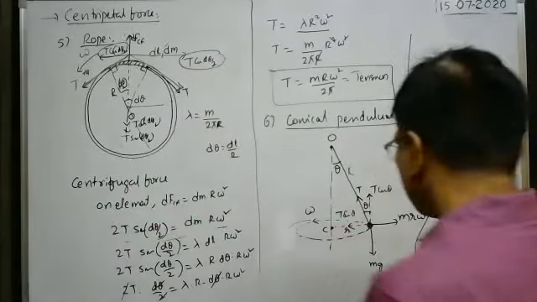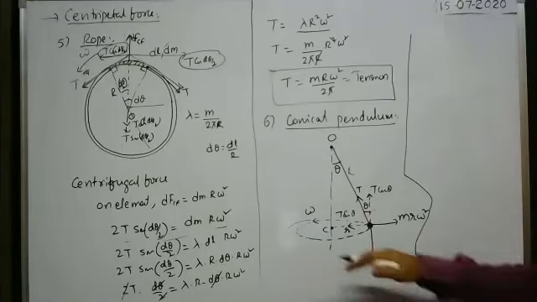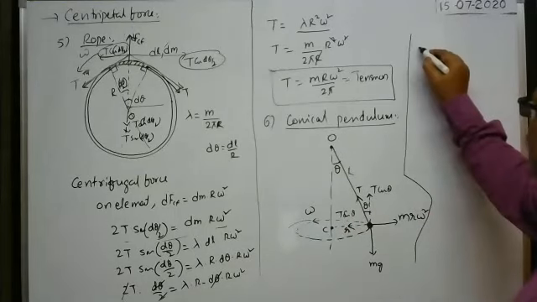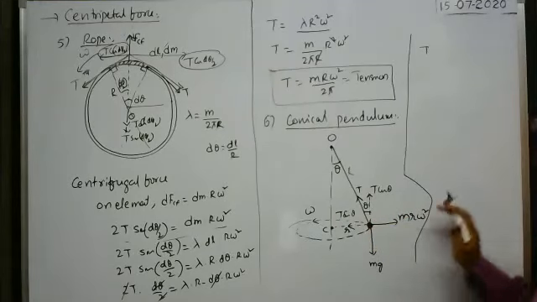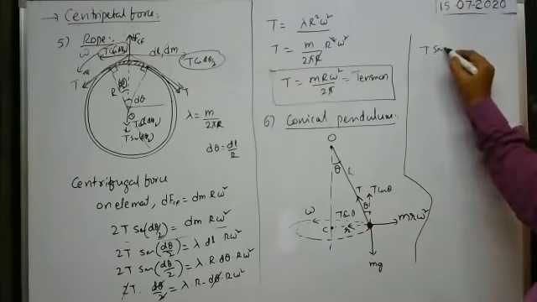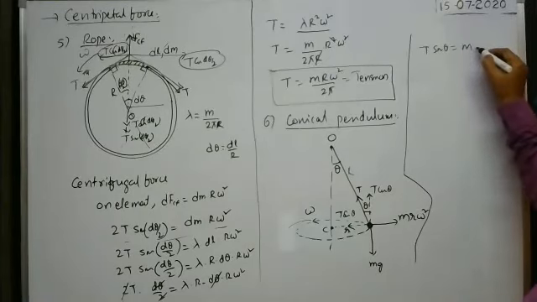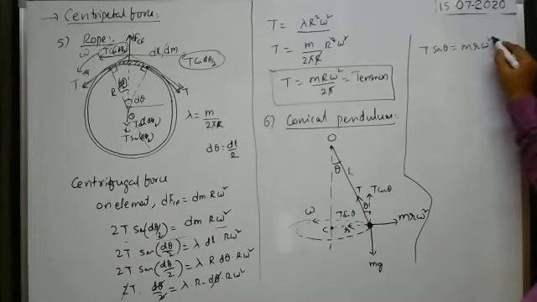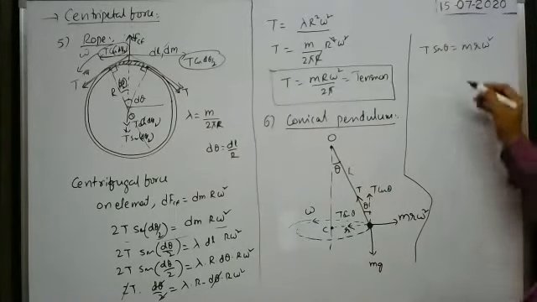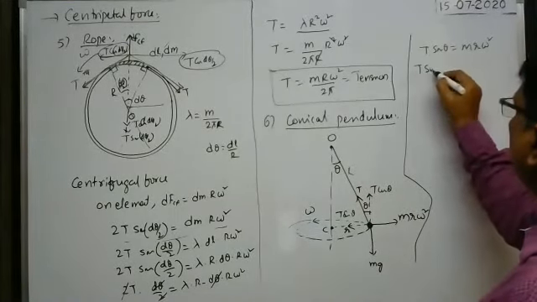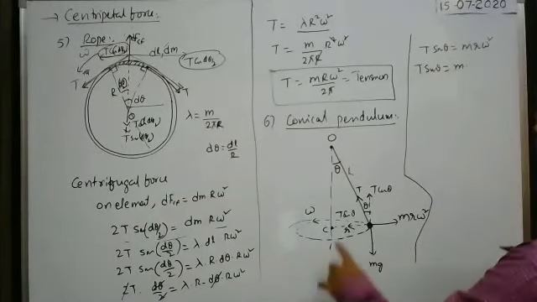So under equilibrium along the horizontal direction, the net force is 0. So the forces acting on the bob towards left and towards right are equal. So T sin theta is equal to m r omega square. But r is not given, L is given. How can we write the r value?